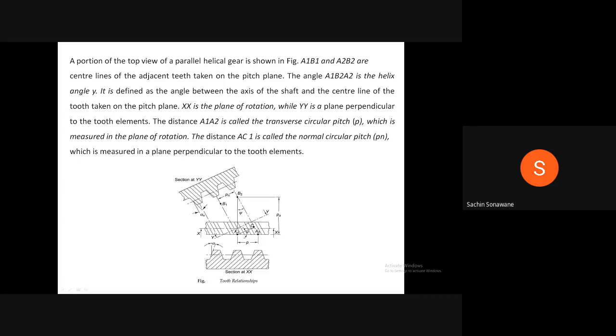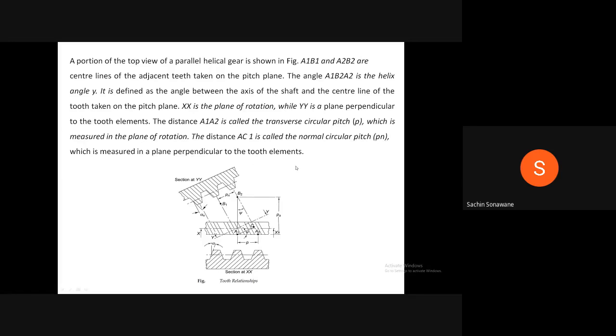The distance A1C is called the normal circular pitch. Normal means perpendicular. Since this line is perpendicular to the teeth, this distance is known as normal circular pitch, Pn. A1A2 is known as transverse circular pitch P. Normal circular pitch is measured in a plane perpendicular to the tooth elements.